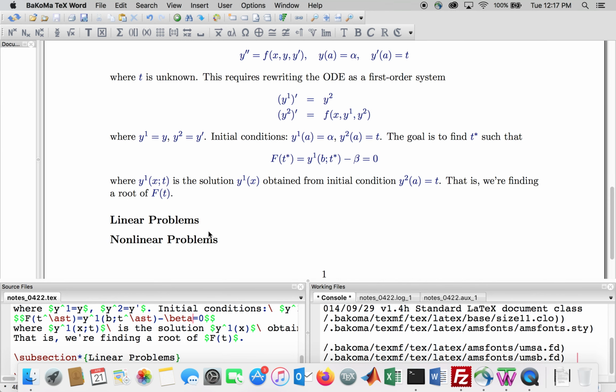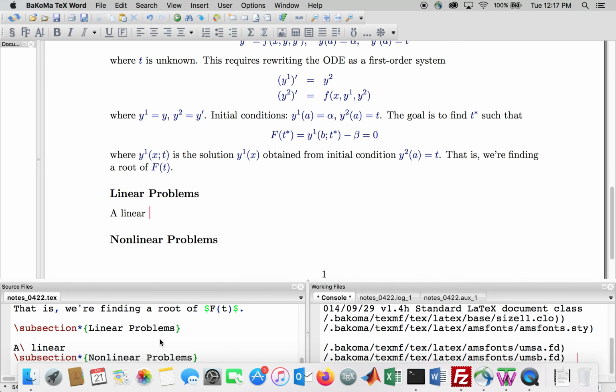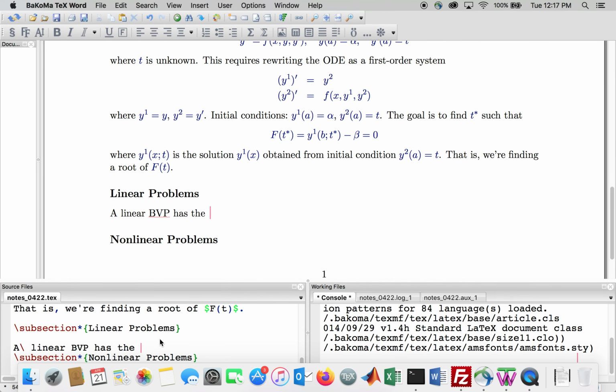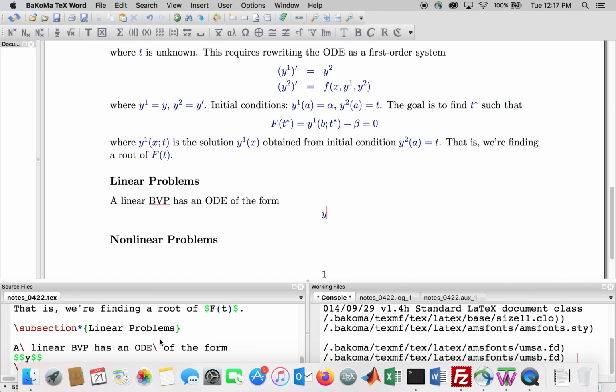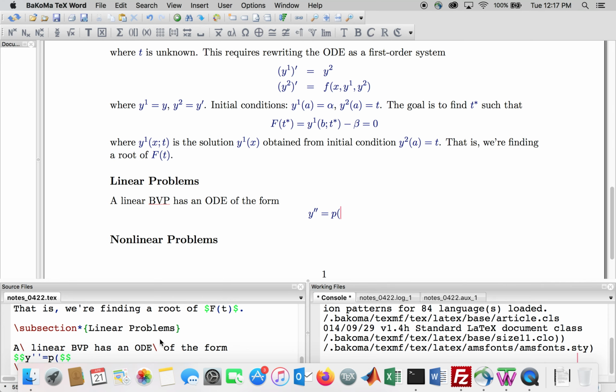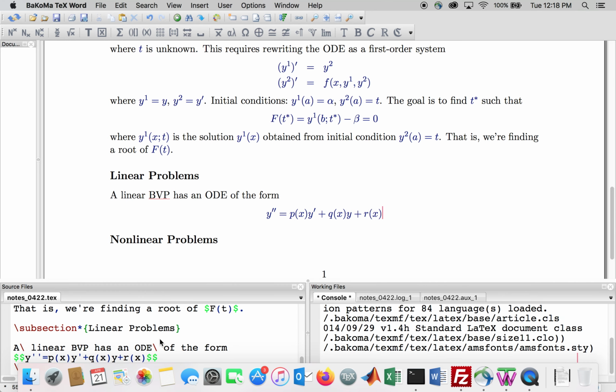Okay, now for a linear problem, I can specify what the ODE looks like with a little more detail than in the general case. A linear BVP is linear in the variables y and y prime. So it has this form: y double prime is equal to some coefficient p of x, which depends only on x, times y prime, plus another function q of x times y, plus some function r of x.